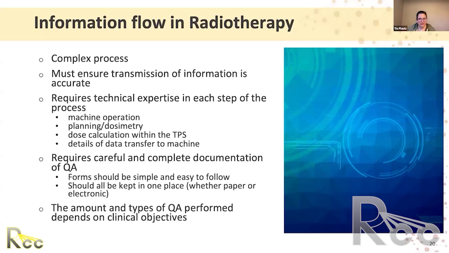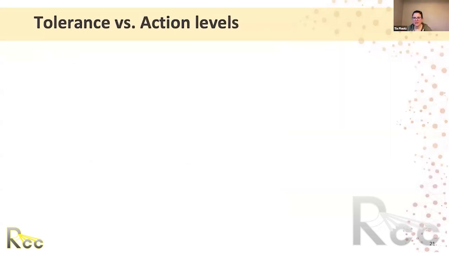As far as QA goes, the amount and the types of QA that you perform should really depend on your clinical objectives as well as the resources that you have available for QA. There's two levels of tolerance and action levels. So there's two levels of places where things need to be evaluated.